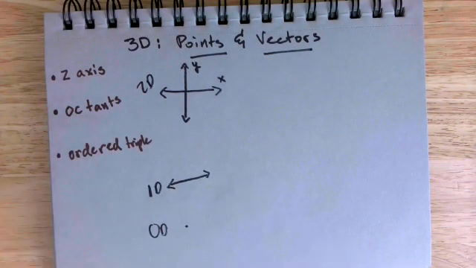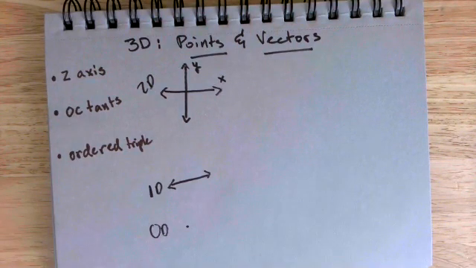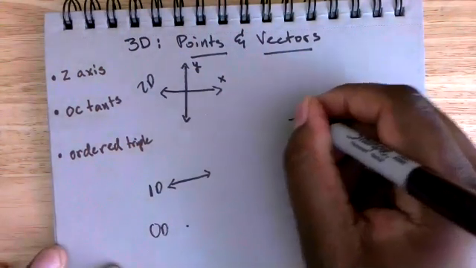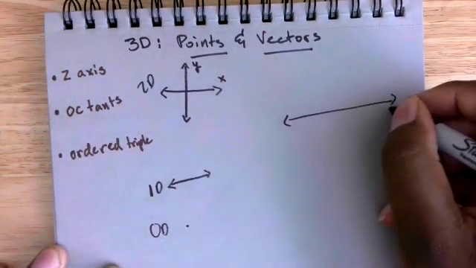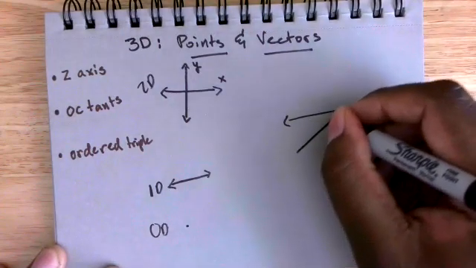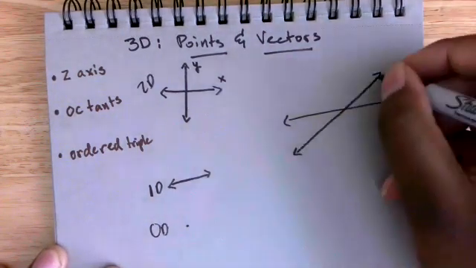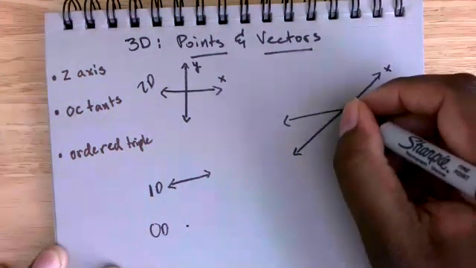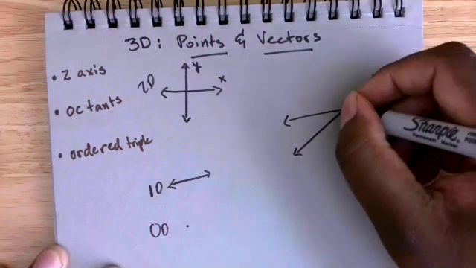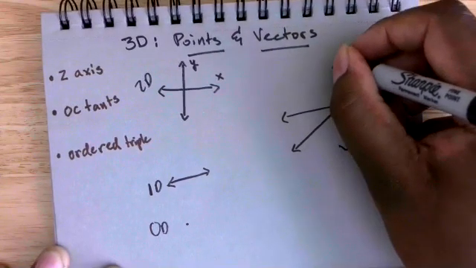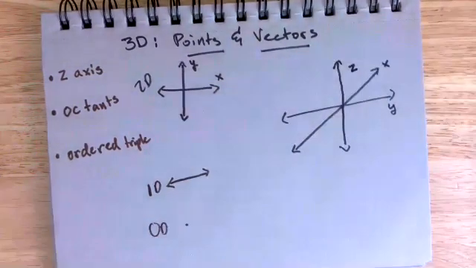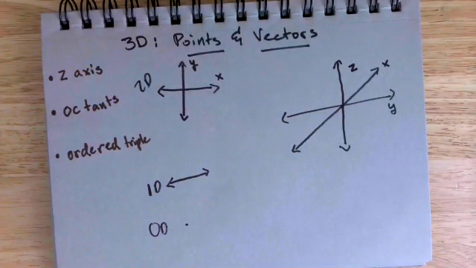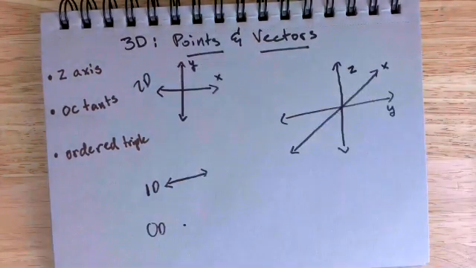So if 0 dimensions has neither length nor width, 1 dimension has just length, 2 dimensions has length and width, then in 3 dimensions, not only do we deal with length, not only do we deal with width, but we also deal with height. Okay? So we went from 0 dimensions to 1 dimension to 2 dimensions. Now we're in 3 dimensions.